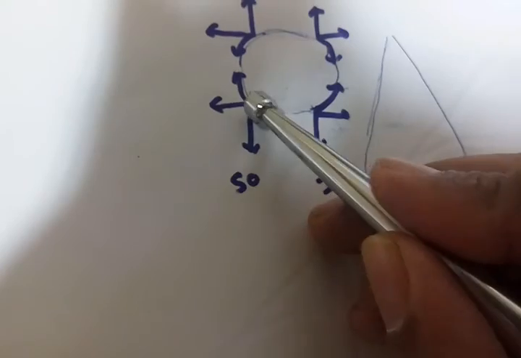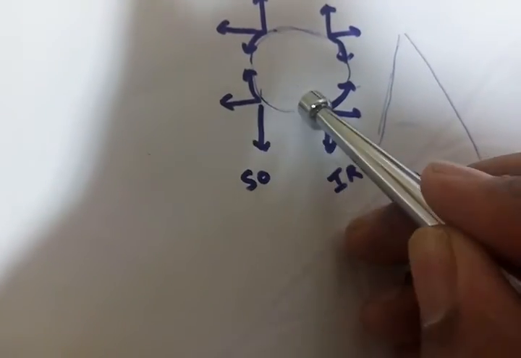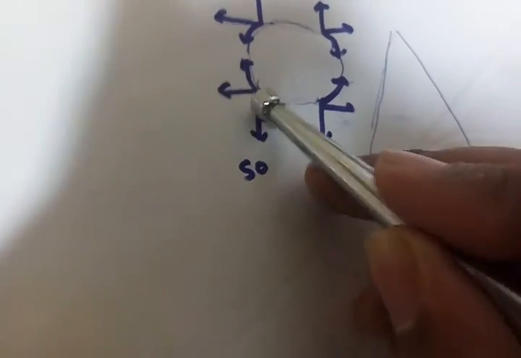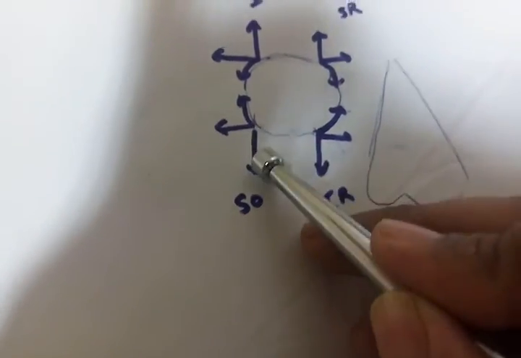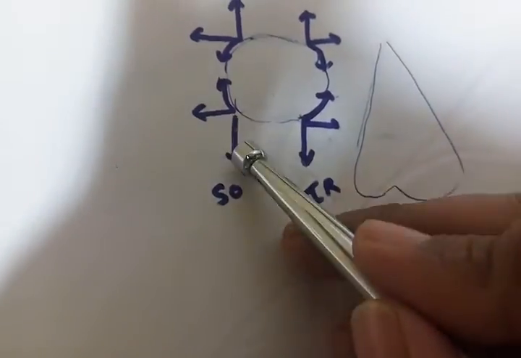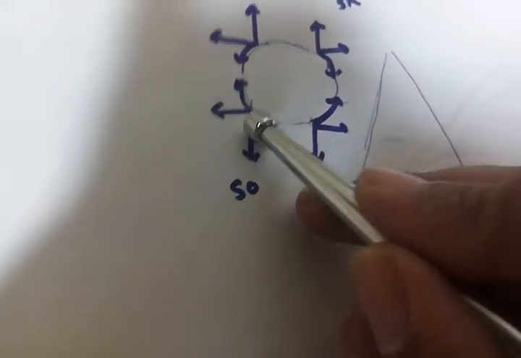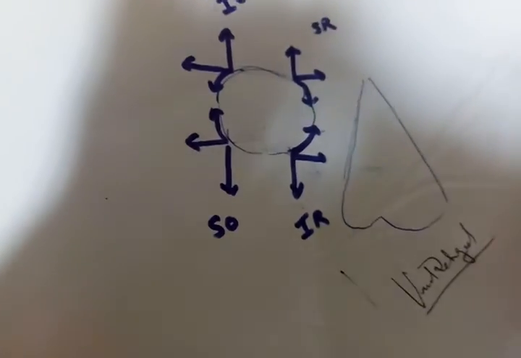On adduction the vector goes to this side, so it would pull the muscle towards the downward side. So superior oblique becomes a better depressor on adduction and a better intortor on abduction.